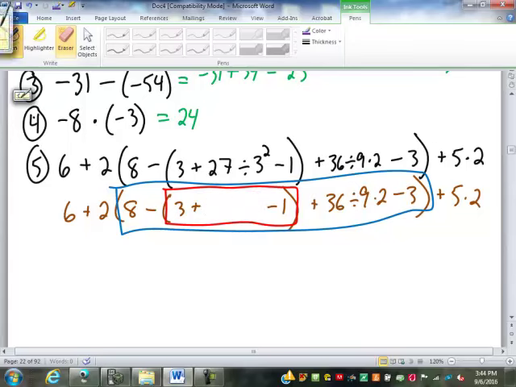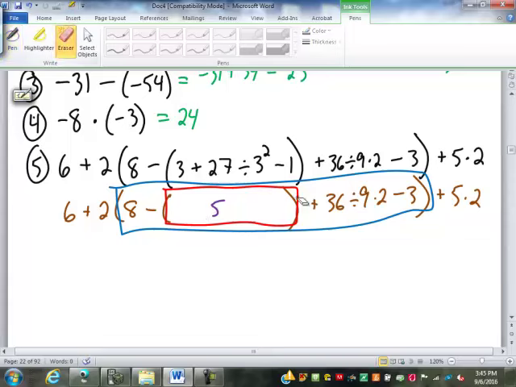Perfect. So I'm going to erase that and replace it with 3. Now inside that red box, that inner set of parentheses, all I have left is addition and subtraction. So I'm just going to go left to right. 3 plus 3 is 6. And then 6 minus 1 is 5. So now I've reduced everything inside that set of parentheses to a single number.